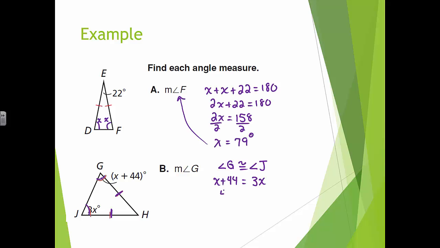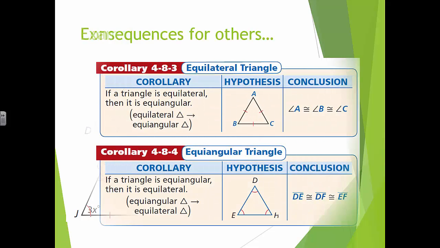Subtract x from both sides, I get 44 equals 2x, and x is equal to 22. To find the measure of angle G, I plug 22 right back in there, which means the measure of angle G is 66 degrees. So that was using the isosceles triangle theorem.